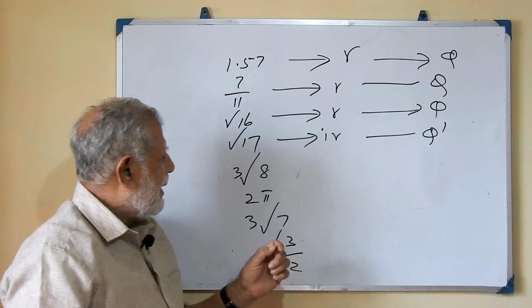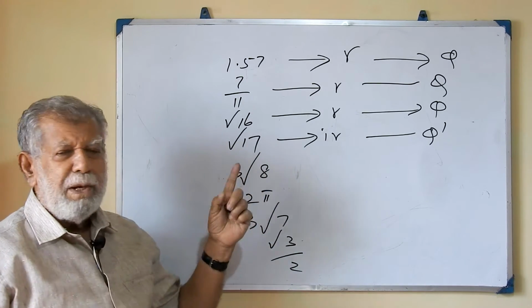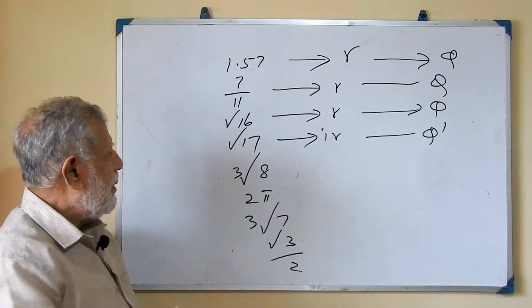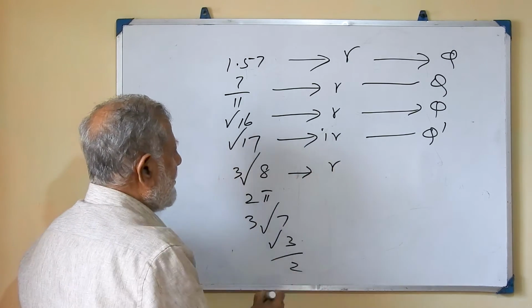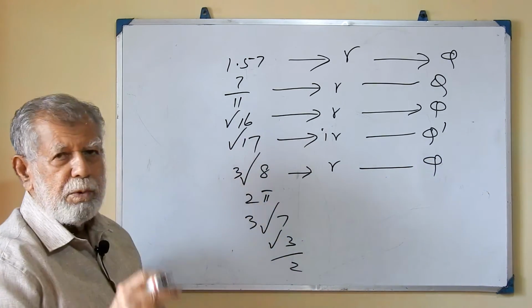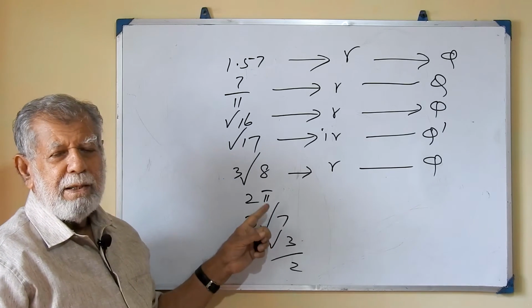Then cube root of 8. Cube root of 8 means a number multiplied 3 times to form 8. We know what the number is. That number is 2. So it is rational. So it is Q, because 2 into 2 into 2 is equal to 8. Then 2 pi. Now pi is irrational.